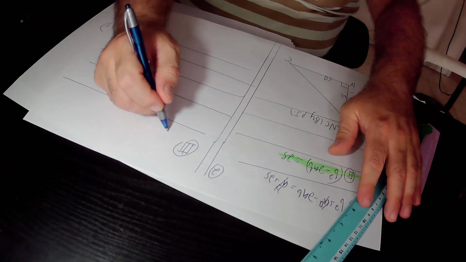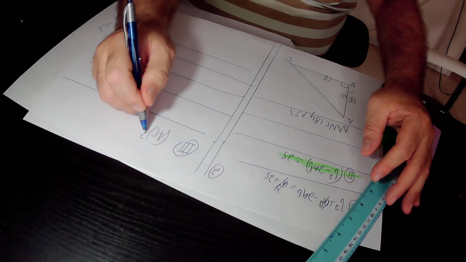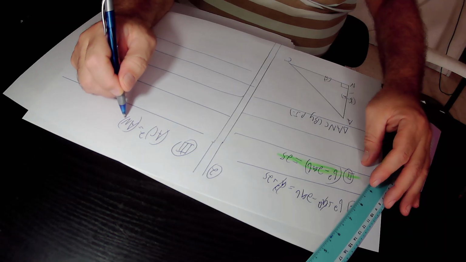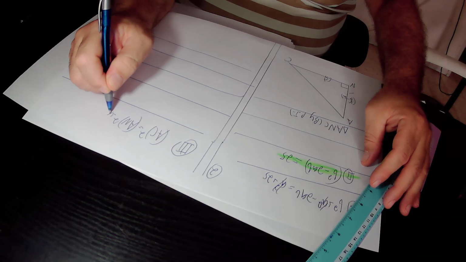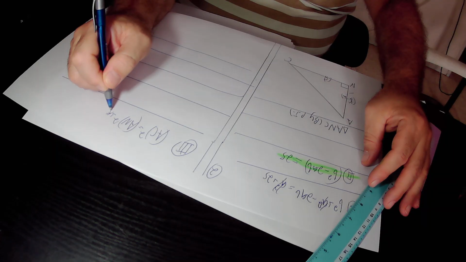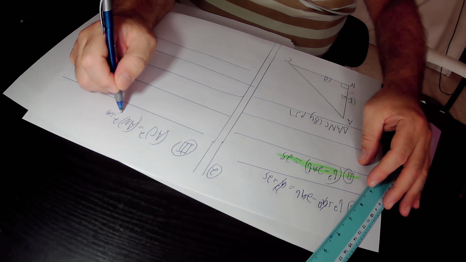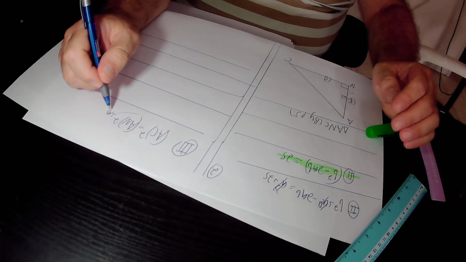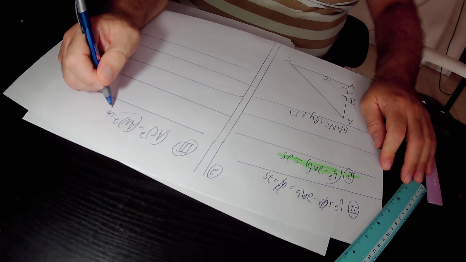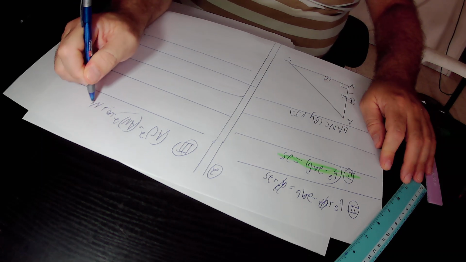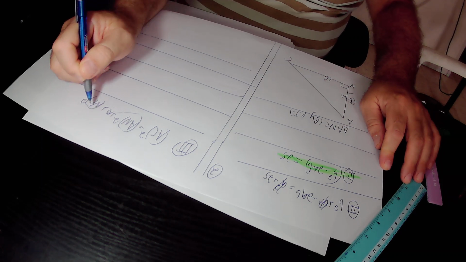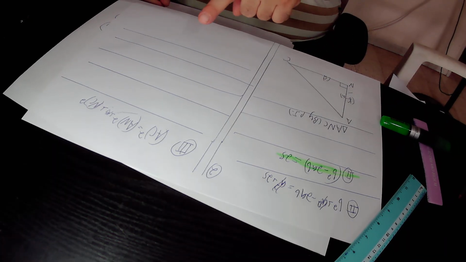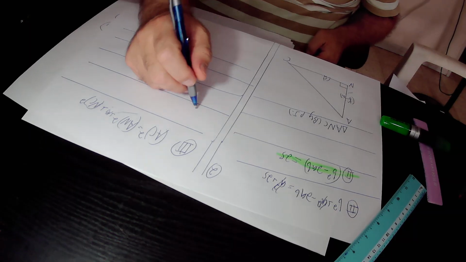So AC squared, that is the square of the hypotenuse, is equal to AN squared plus NC squared. So in total, according to the Pythagoras theorem in this right triangle, AC squared equals AN squared plus NC squared.